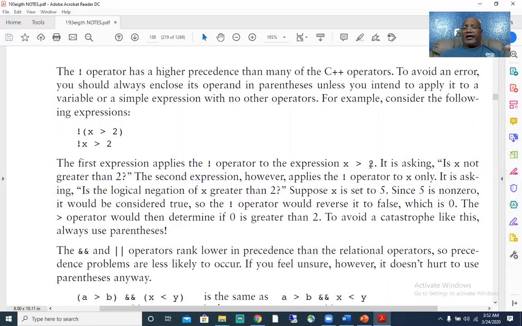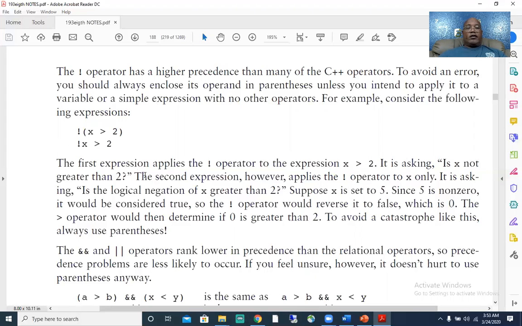So it's simply asking, is x not greater than 2? Because without the not, we're saying if x is greater than 2. But with the not, is x not greater than 2?